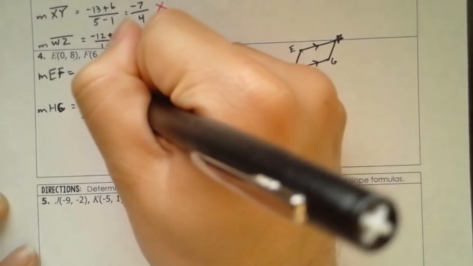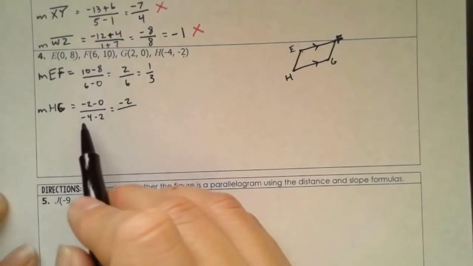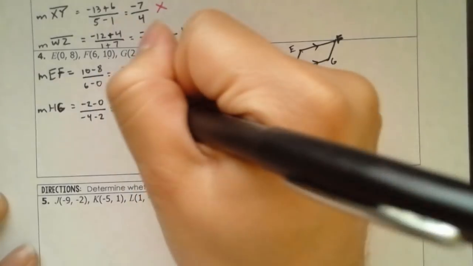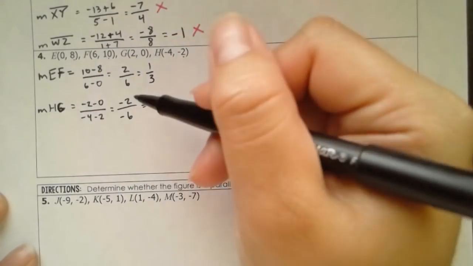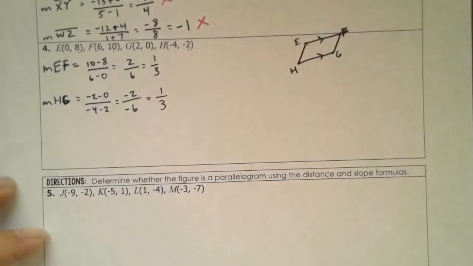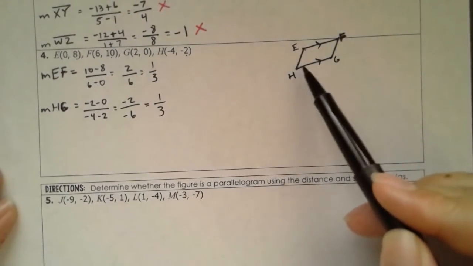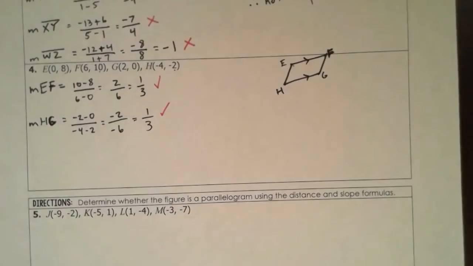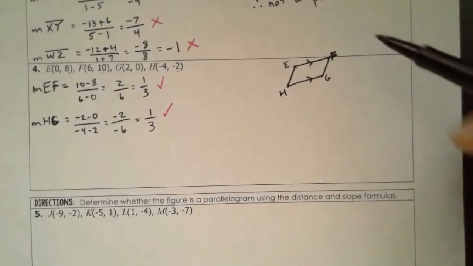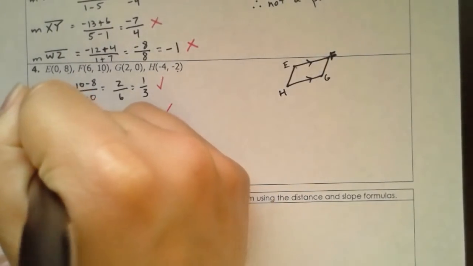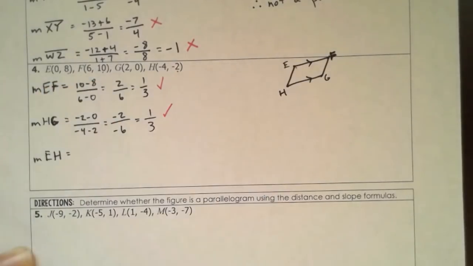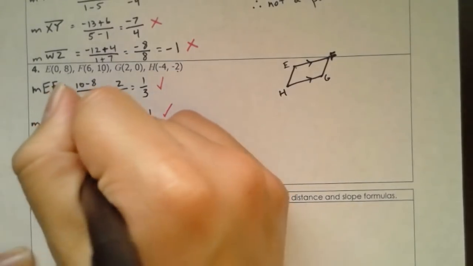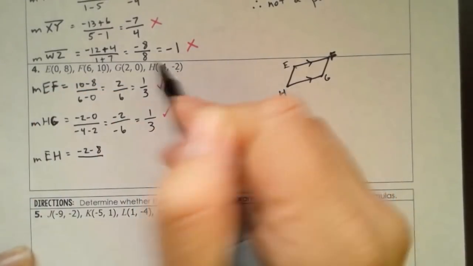Negative 2 minus 0 is just negative 2, negative 4 minus 2, you owe $4, you owe 2 more, you owe a total of 6. Negative 2 over negative 6, negative over negative becomes positive, and then 2 over 6 simplifies to 1/3. So we just showed that the slope of the opposite sides here is the same. So we're good here. Let's check now EH and FG. So the slope of EH is E, there's H, so negative 2 minus 8 over negative 4 minus 0.